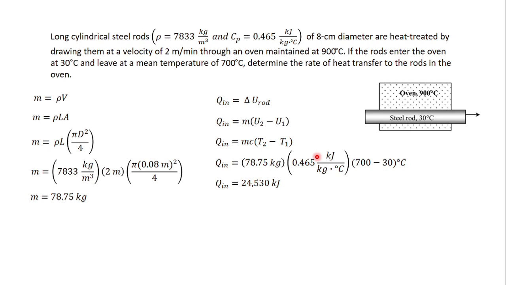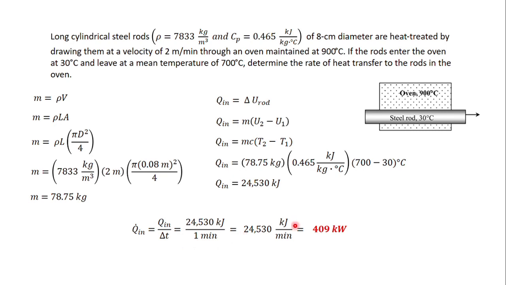Now, we can solve for the rate of heat transfer to the rods in the oven. Noting that this much heat is transferred in 1 minute, the rate of heat in is equal to heat in over delta t, or change in time. For our heat in, we have 24,530 kilojoules over our time of 1 minute.